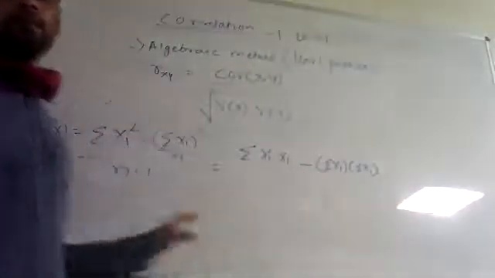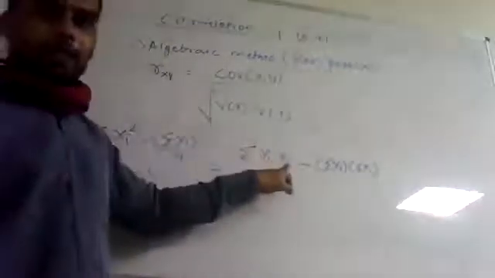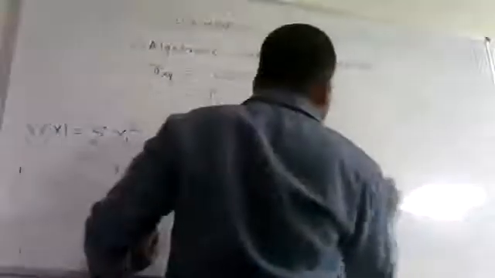So this xi square can be written as xi into xi, and this bracket square is written as bracket into bracket, divided by n, and 1 divided by n minus 1. This is the variance of variable x.